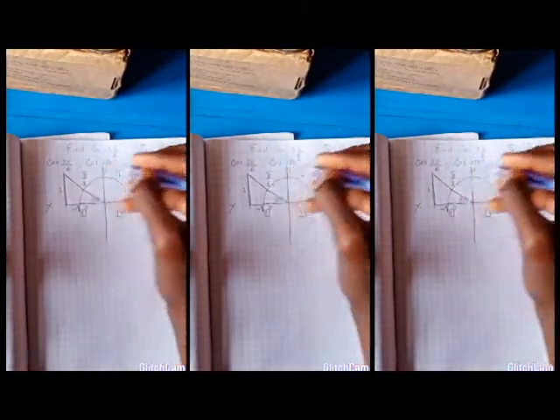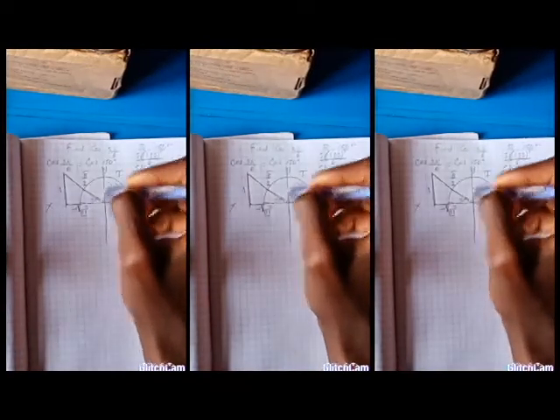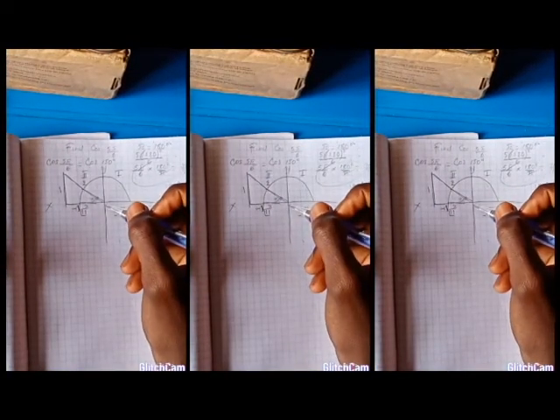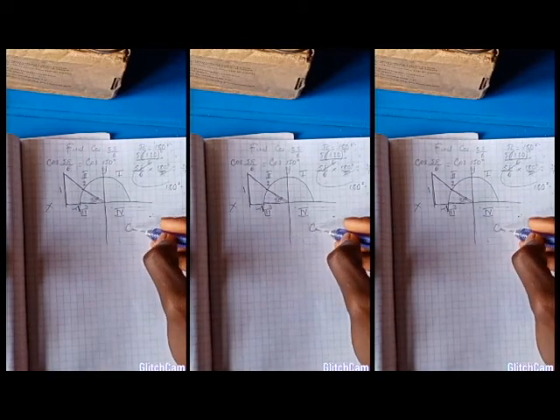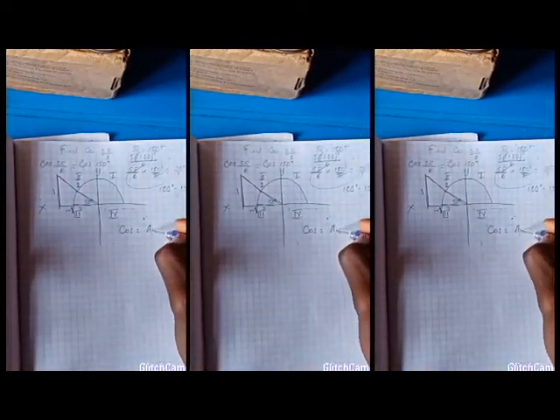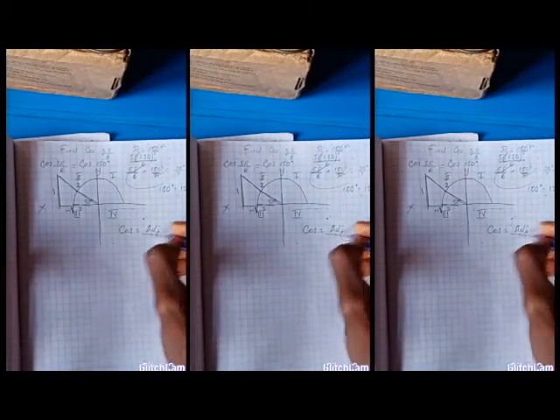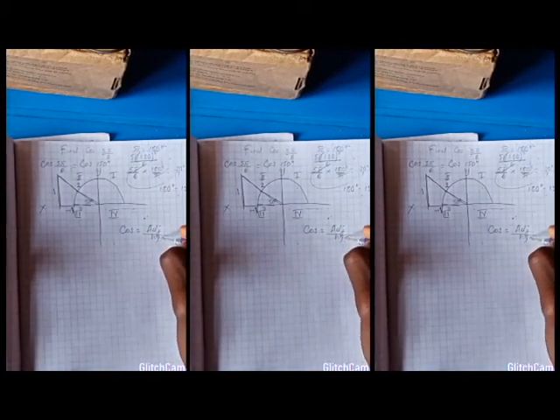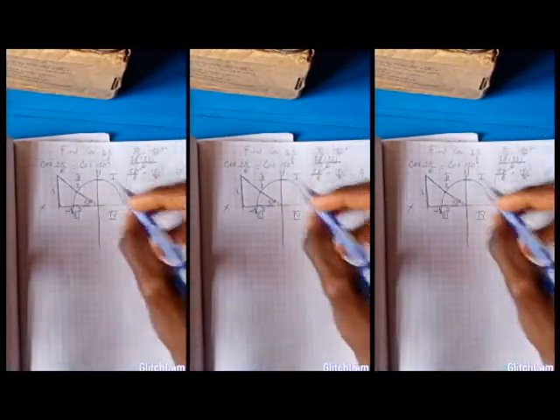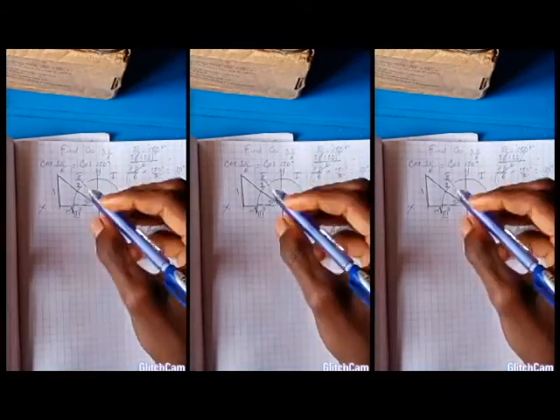Now we can find the value by exchanging. We know that cosine equals adjacent over hypotenuse.